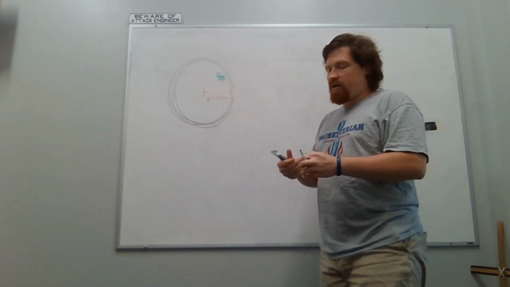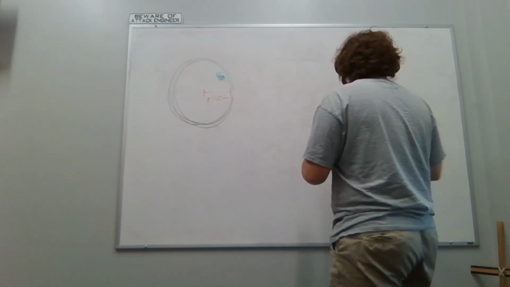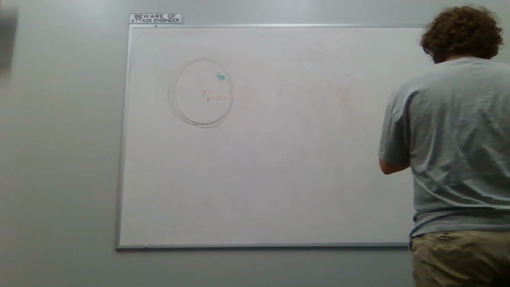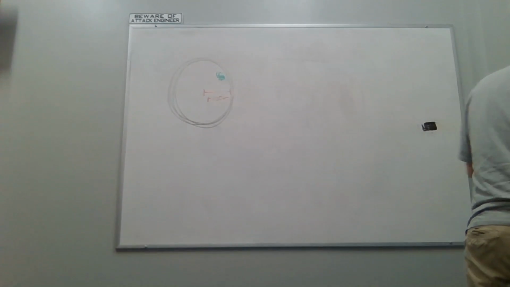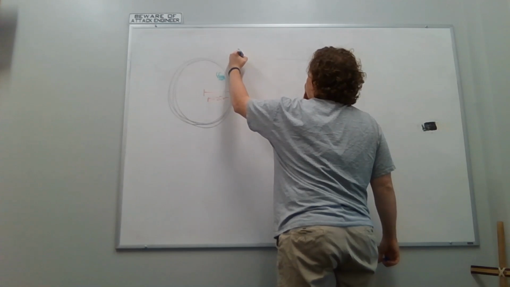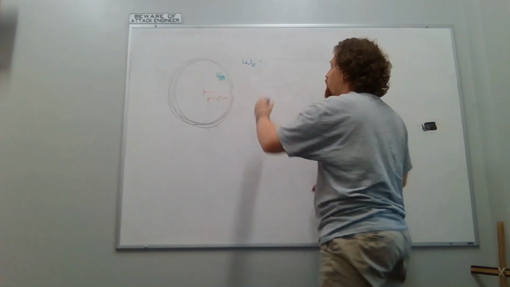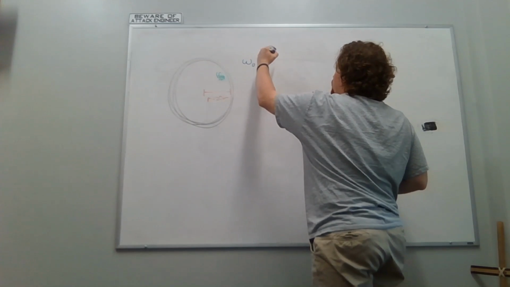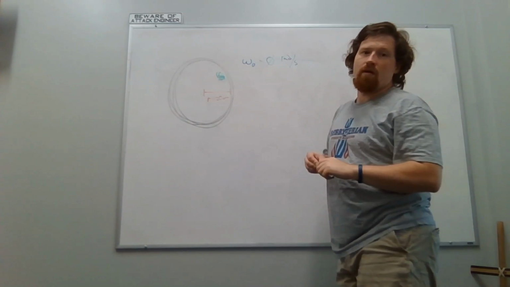Now, this record player is beginning with an initial angular velocity of 0. It is starting from rest. And we measure angular velocity in radians per second.